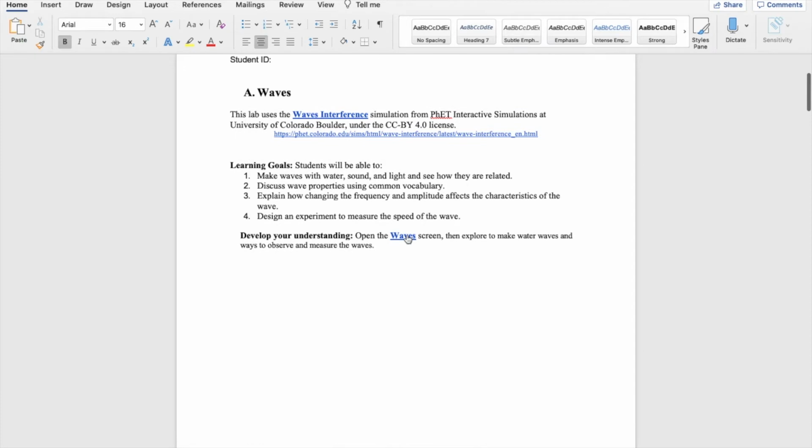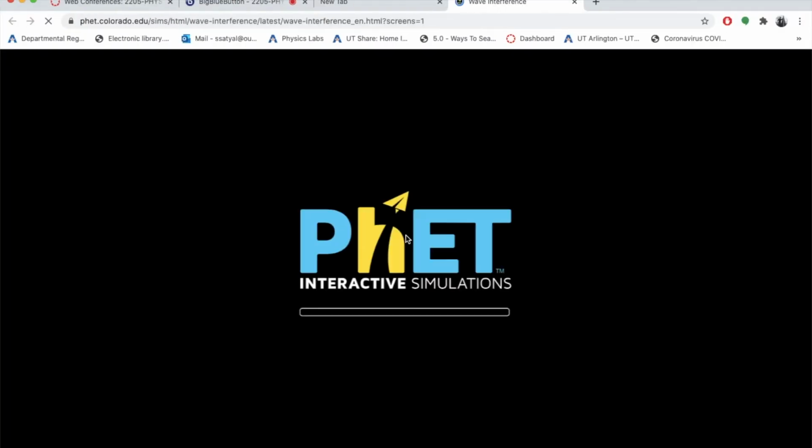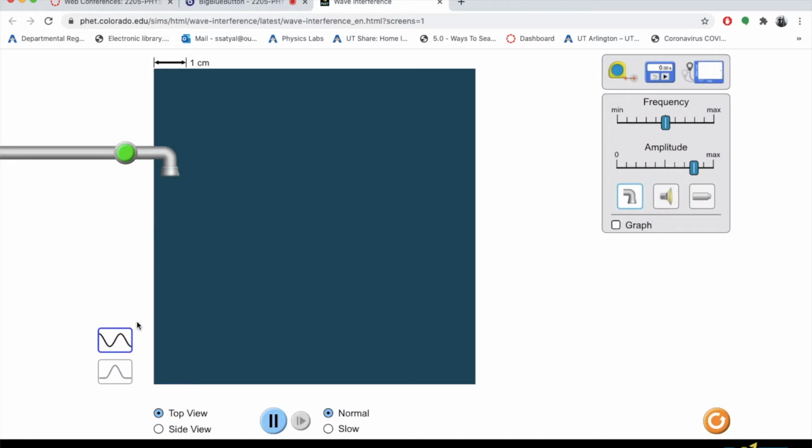It's a simple, nice simulation site here. Click on the waves link. That should directly take you to the simulation site. You know, play with all these buttons and see what they do. If you want a continuous wave, pick that one. If you just want one single wave, you click the bottom one.